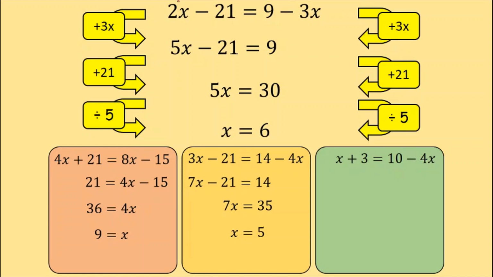And the final one, again, the minus 4 is smaller than 1x. So I'm going to start by adding 4x again, subtracting 3, and dividing by 5. And here we have a fraction answer. Nothing wrong with leaving it as an improper fraction, but if you want it as a decimal, it would be 1.4.